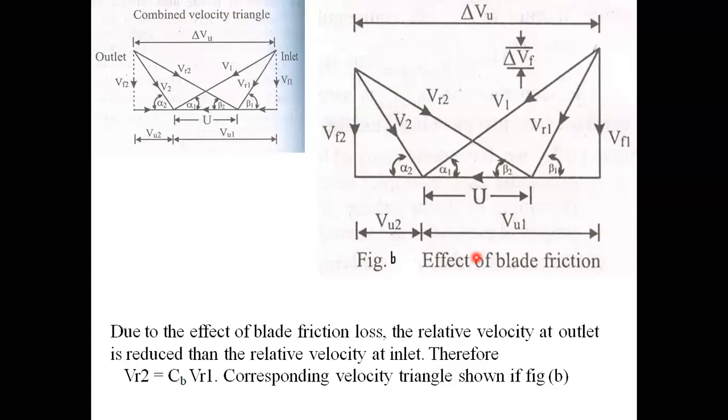Therefore VR2 equals CB times VR1, with the corresponding velocity triangle shown in the figure. See here, this is your VR2 and this is your VR1. CB is the friction coefficient, VR2 equals CB VR1. Okay.